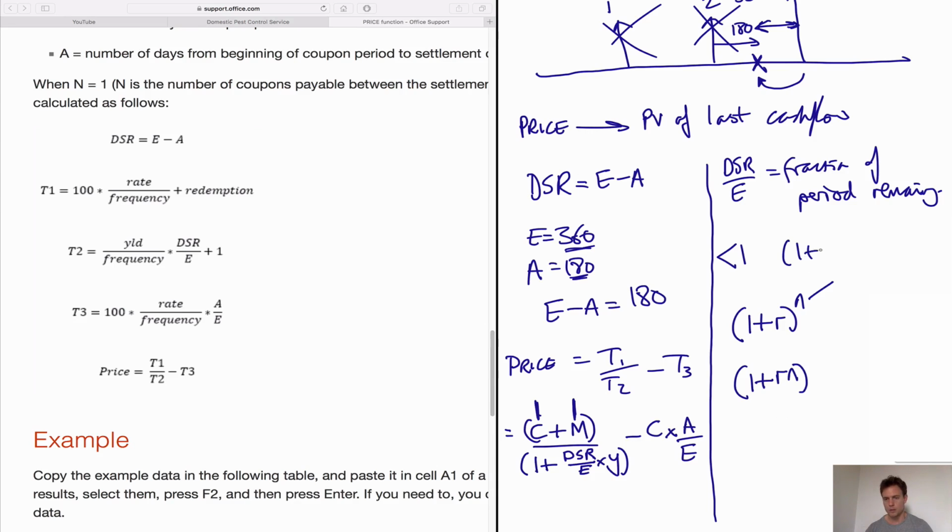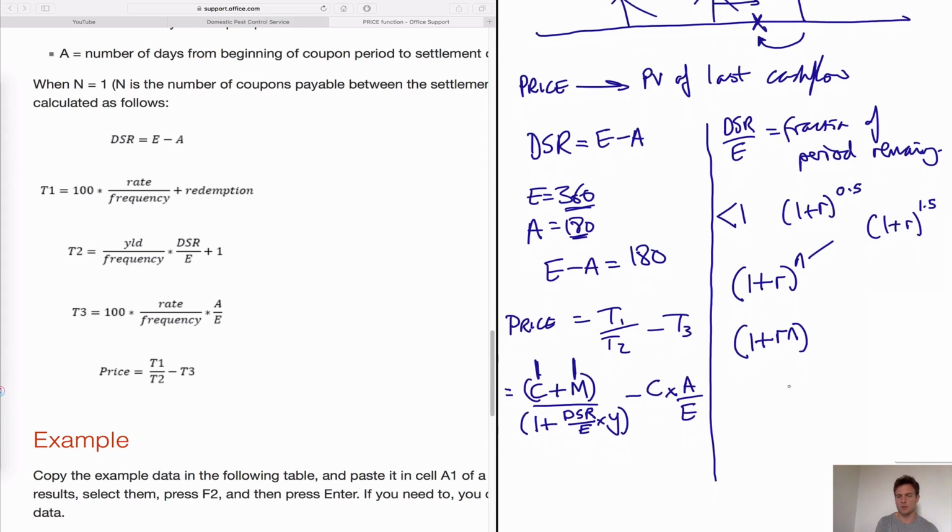Instead of writing 1 plus r to the power a half, like we did in the previous example with the power 1.5 and 2.5, when n is less than 1 we just multiply, because n is now a fraction of a whole period.